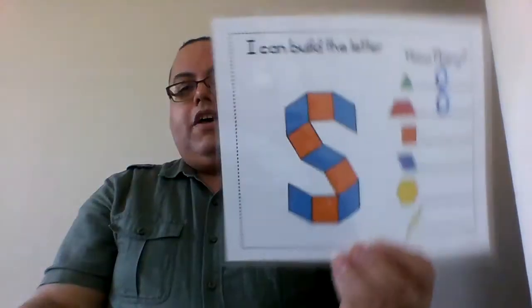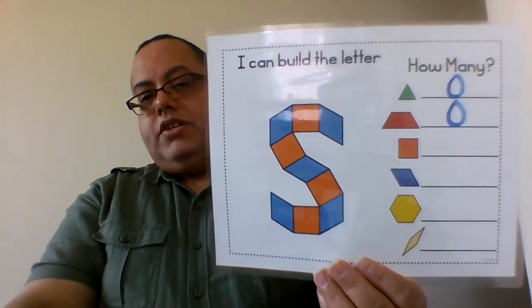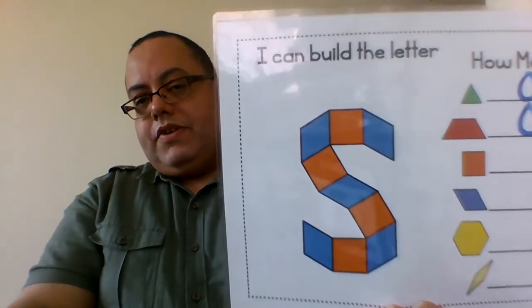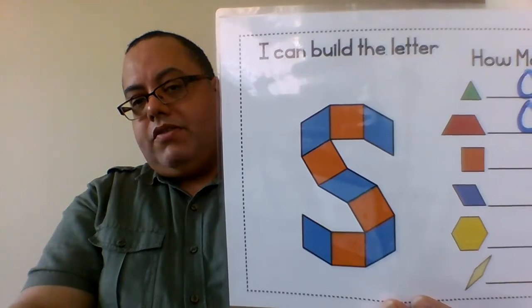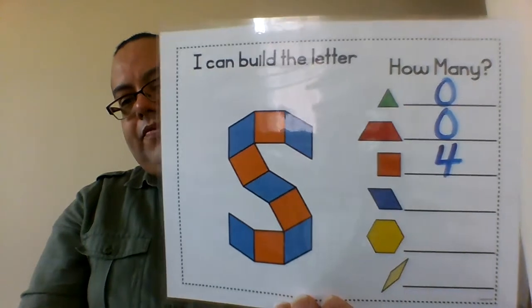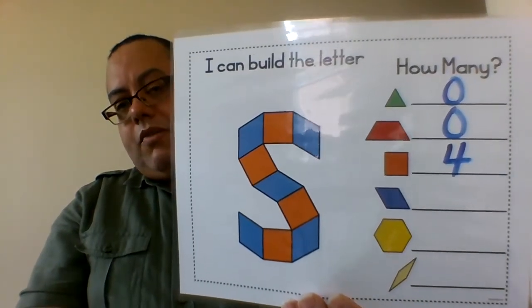So now I want you to look at the orange squares. Look at the orange squares and tell me how many squares you see. If you subitized, you should be able to tell me that they were 4. Down and across and down once more. That's the way to make a 4. Now let's look at the blue rhombus.